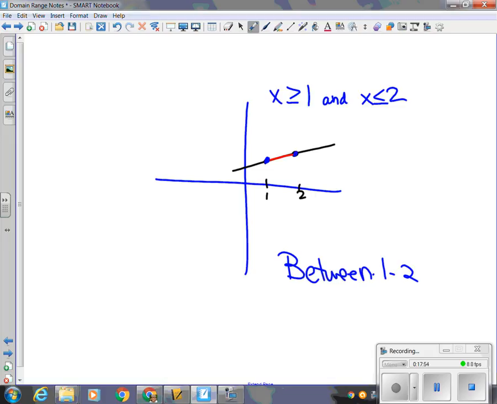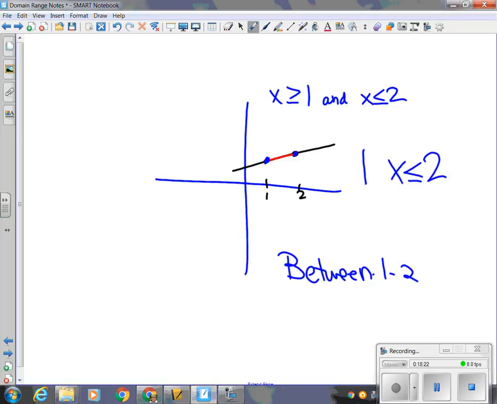This is called between notation, and I'm going to train you to do it right now. As long as it's domain, x goes in the middle. What's the smallest number? 1. What's the biggest number? 2. On the biggest number, 2, which direction is the arrow facing? Pointing to the x, right? So it's going to point to the x still.